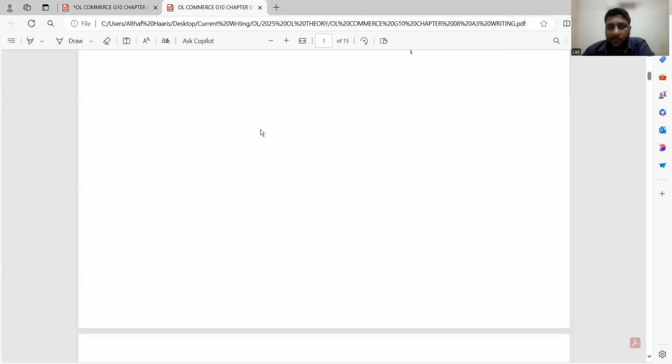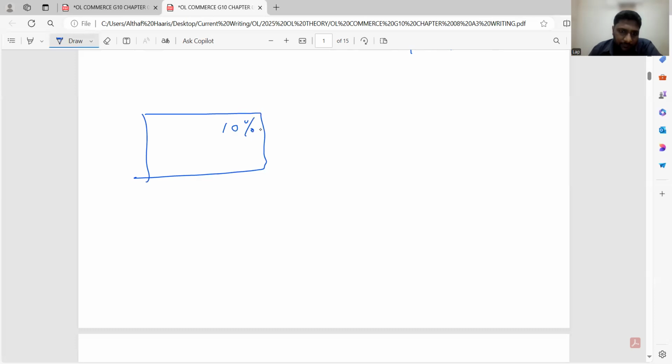Sometimes when you are going to buy something, say this is the item that you are going to buy. They have displayed a tag like this: 10% off. So this is the discount that they have displayed.